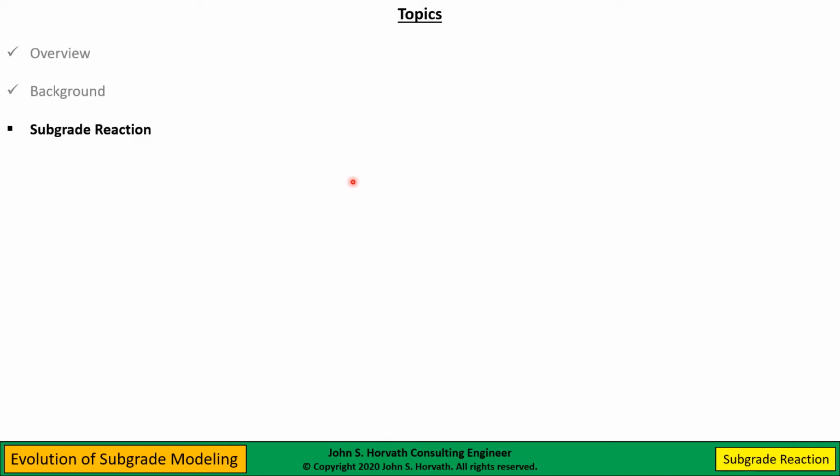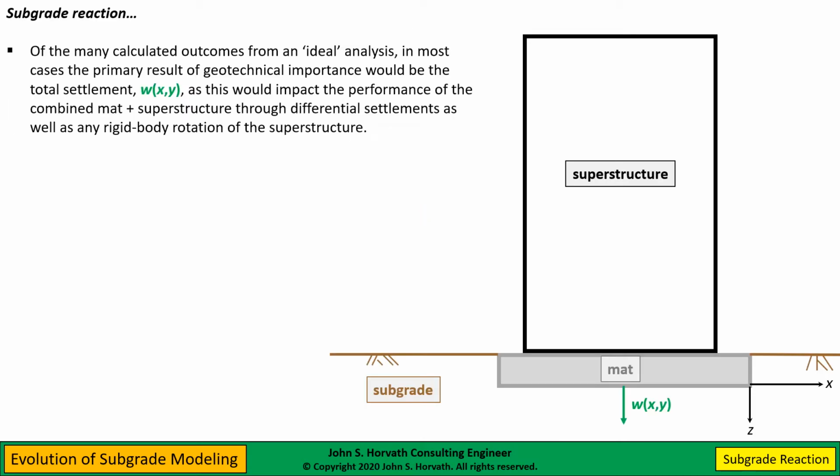I next want to talk about the subgrade reaction, which is again the stress or pressure acting at the underside of a foundation. So, of the many calculated outcomes from this ideal analysis that we might perform, geotechnically, probably the only thing of primary significance would be the magnitude and distribution of settlements.